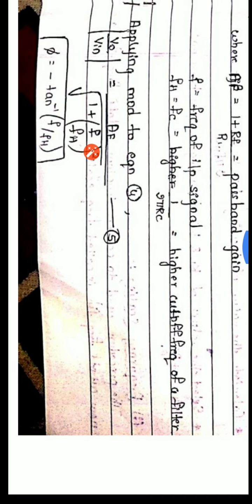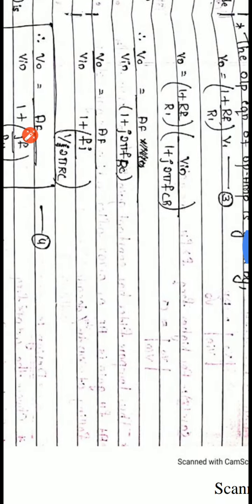That's why it is written as the square root of 1 plus F by FH whole square. And the angle of this is minus tan inverse F by FH. So this is about applying the magnitude in terms of magnitude and angle. This is already discussed in the previous topics also.